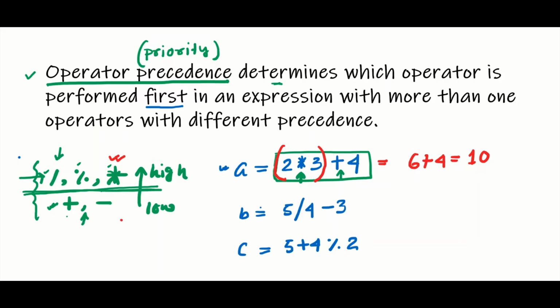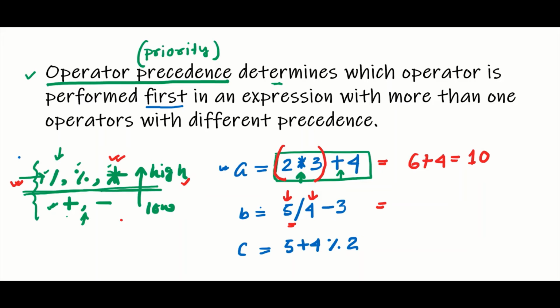Let's see the second example. Here you can see minus and division. Division is higher in precedence according to the table, so perform the division. I hope you remember the rules of division. 5 is an integer, 4 is also an integer. Integer divided by integer, the answer will be an integer.